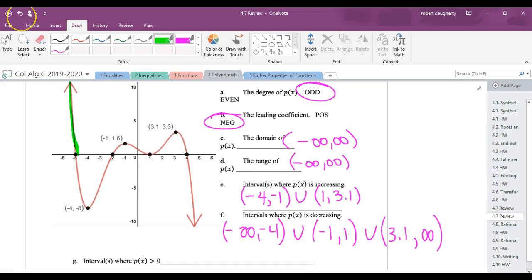So I'm going to have to break this up into, it's happening from here to here and here to here. Okay, so there are 3 different intervals. So where is it greater than 0? From -infinity to -5. Next interval is from -2 to 1. Next interval is from 1 to 4.